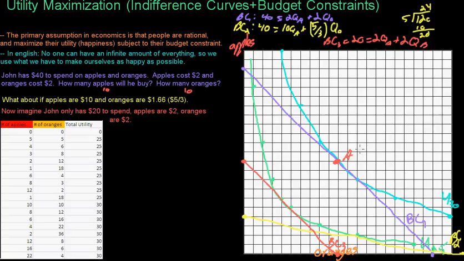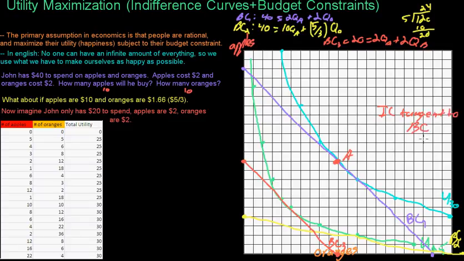So he's on his budget constraint, and the utility function, or his indifference curve, just barely touches his budget constraint. You can see it just barely dips down here and just barely touches it. And so in math, when something just barely touches something else, we say that the indifference curve, so I'm just going to write the IC, is tangent to the budget constraint.